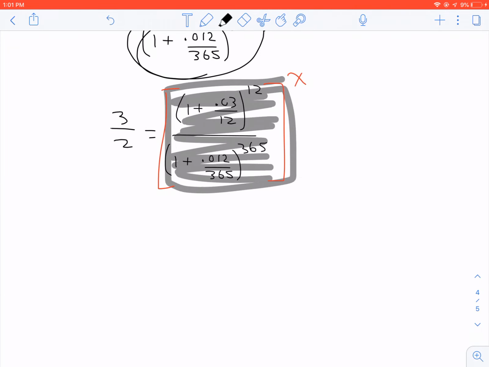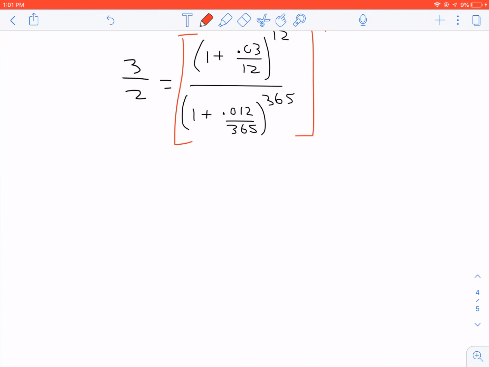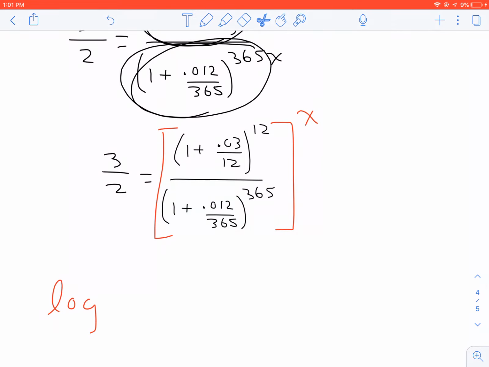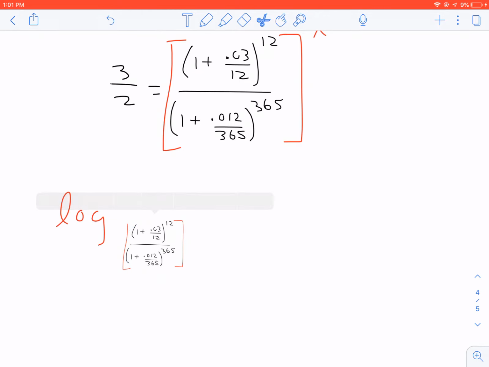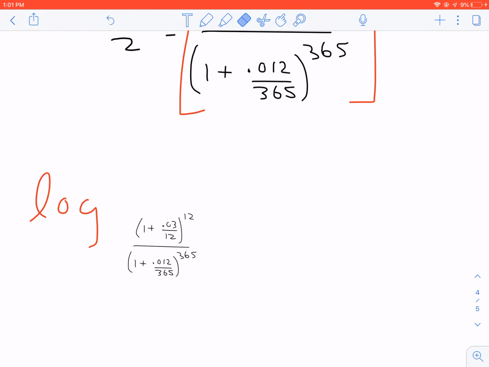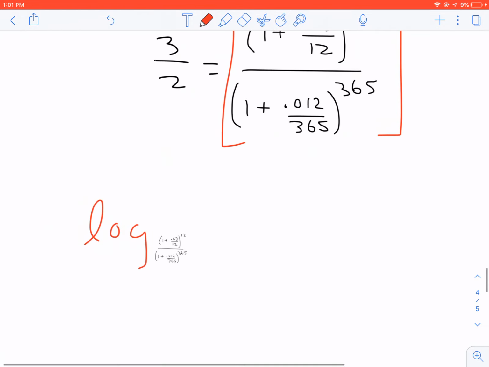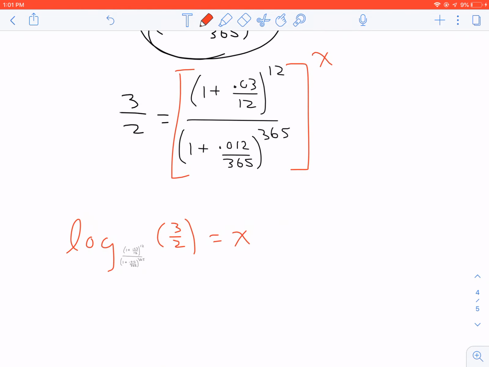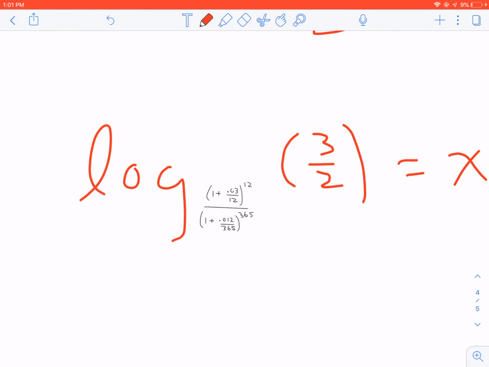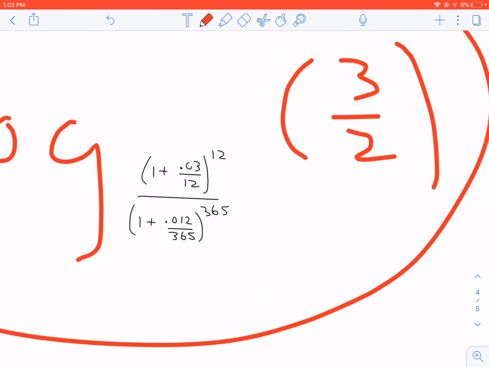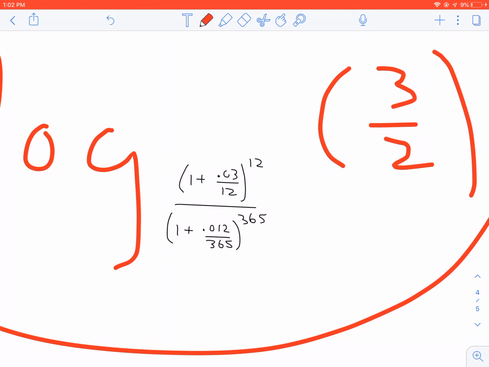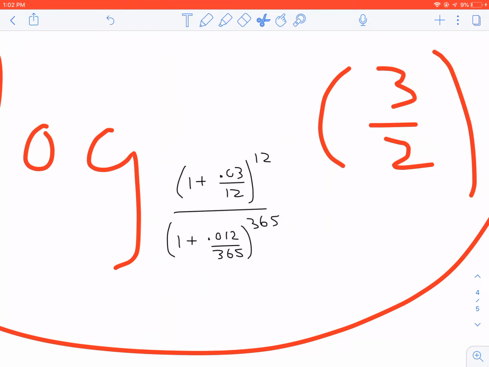So in log form, this will be log base all of this, so log base this of 3/2 is equal to x, our exponent. And you could just type all of this into your calculator, right? Your calculator lets you type in whatever base you want. So type that in as a base, and you will get your solution for x.